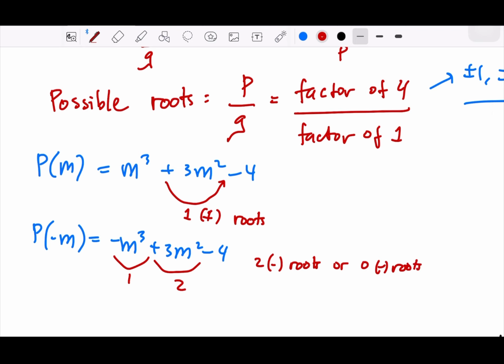Okay, the way we are doing this is because it's a polynomial of degree 3, so the total number of roots should be 3. Because this has only one positive root, it must have that one positive root. So it can be 1 plus 2 negative roots, and it becomes 3. Well, I think we don't have any other choice, so it should be 1 positive root and 2 negative.